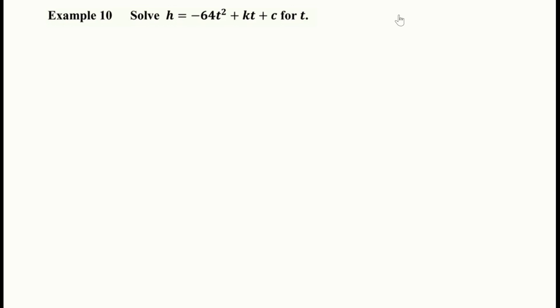So moving all three of these to the left side, of course we'll change the sign, so we get 64t squared minus kt plus h minus c equals 0. I put the h first just so that we could have a positive lead, because it looks nicer, no other particular reason. And then the c, so that becomes minus c.